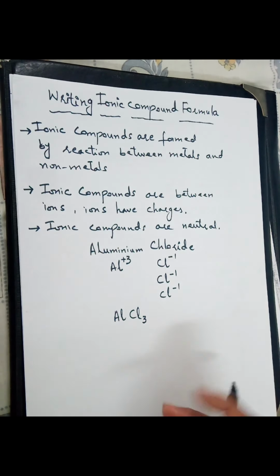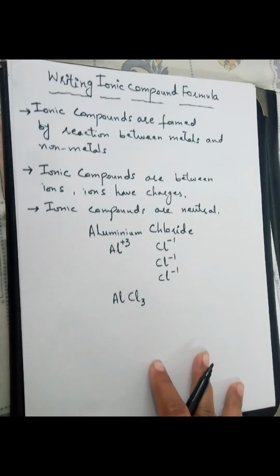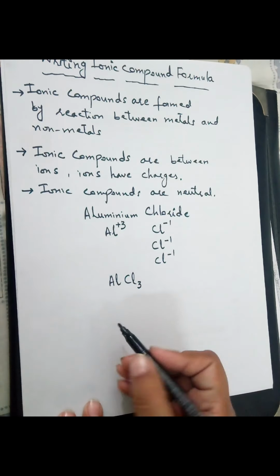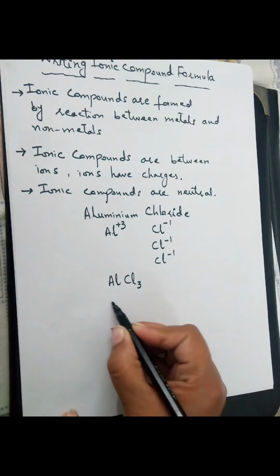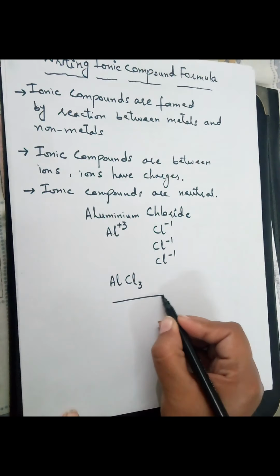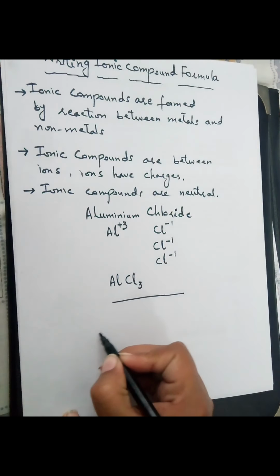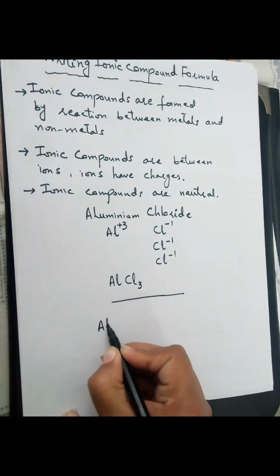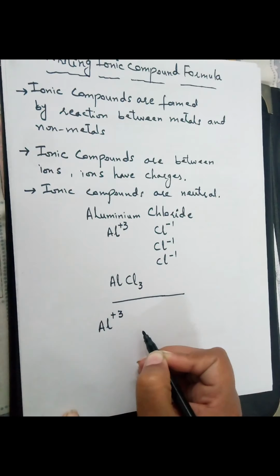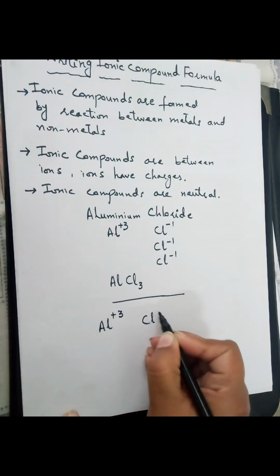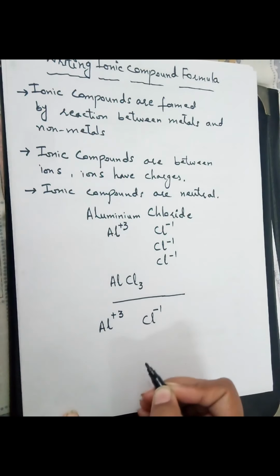There is another method to solve this. Aluminum has +3 charge and chlorine has negative 1 charge.